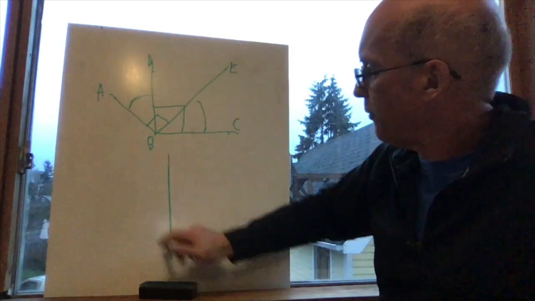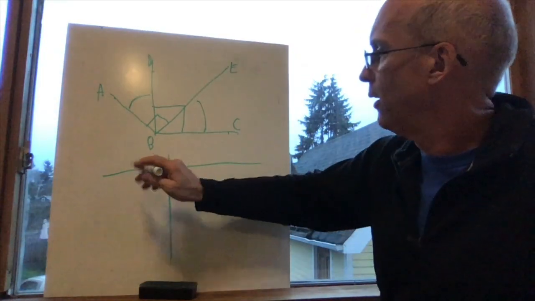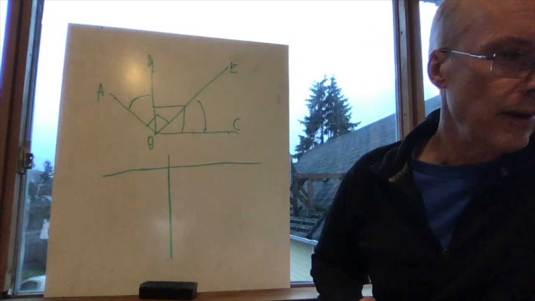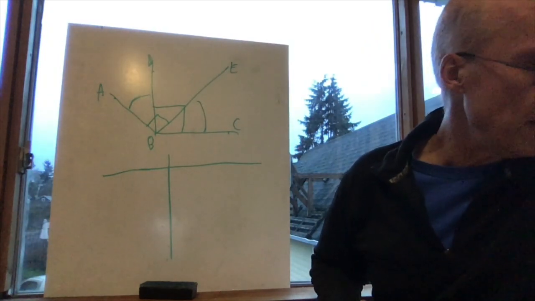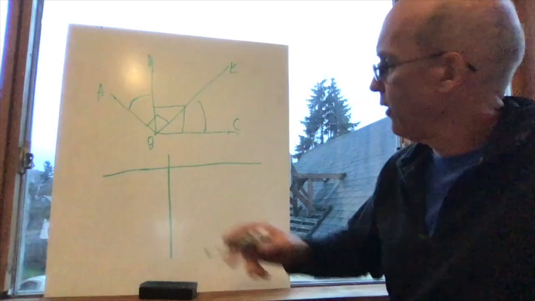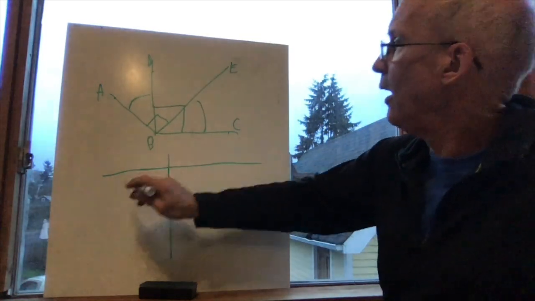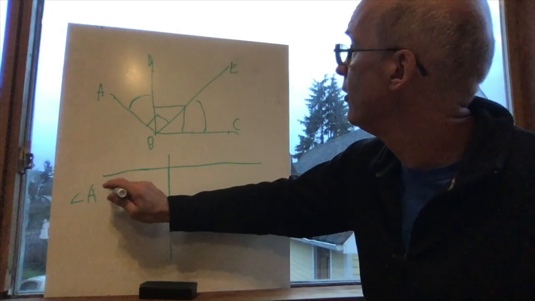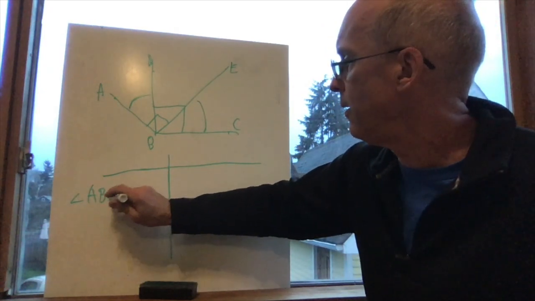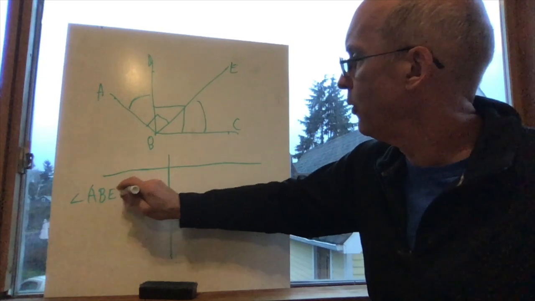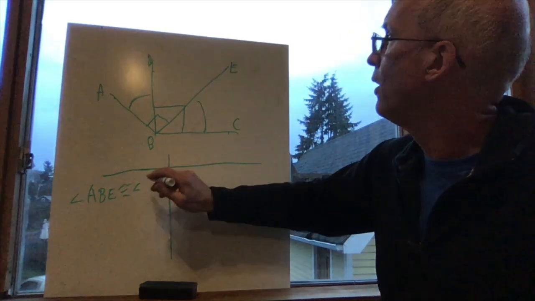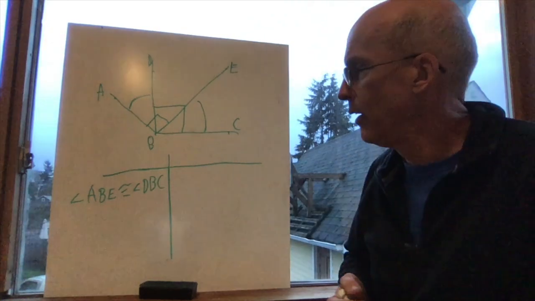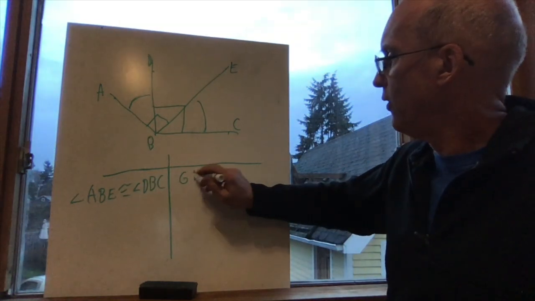So if we set that up for a two-column proof real quick, our first statement is that angle ABE is congruent to angle DBC. And how we know that is that's given.